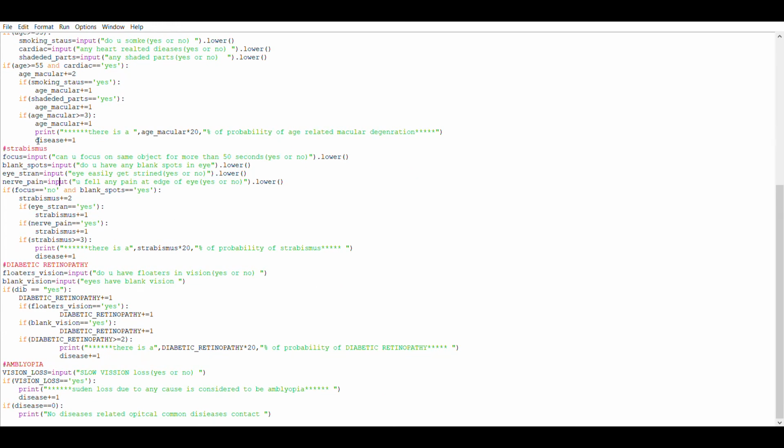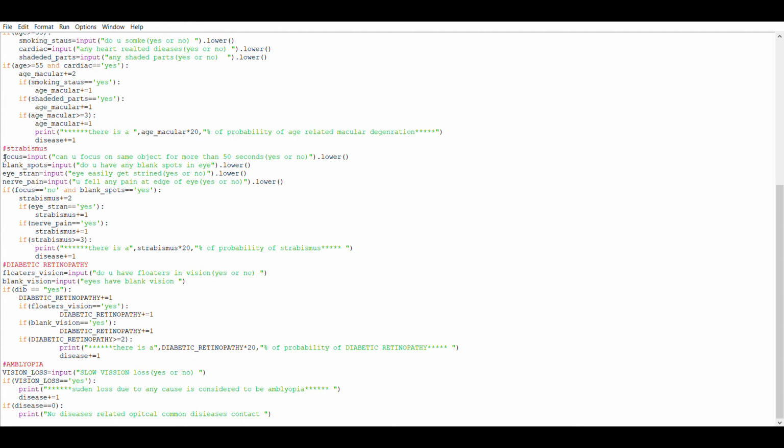Strabismus is caused by heredity or eye problems. You can't identify the origin of strabismus, but you can identify the characteristics. You can't focus on a single object, and you have black spots and eye strain.